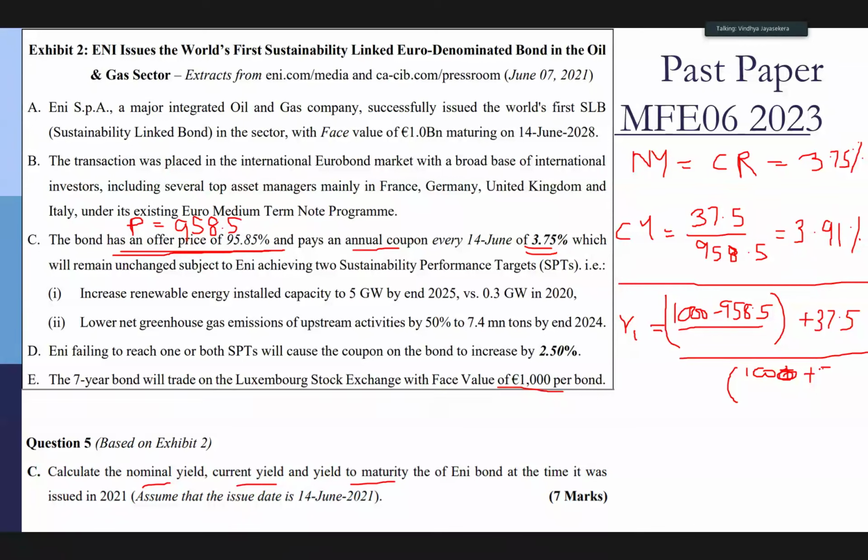Yeah, 7. That's correct. If the bond is issued in 2021, it matures in 2028, right? So it's divided by 7 years. Based on that, you can find your guess 1, and then you can find P1 and guess 2, P2, and figure out what your yield to maturity is.